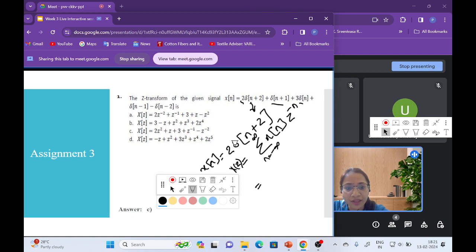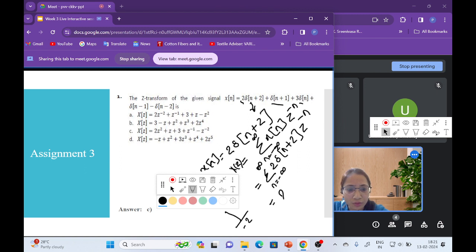So x of n here is 2 delta n plus 2, times z to the power minus n. So this is the delta function. At n equal to minus 2 there is the only unit pulse, and the value of this function is 1.